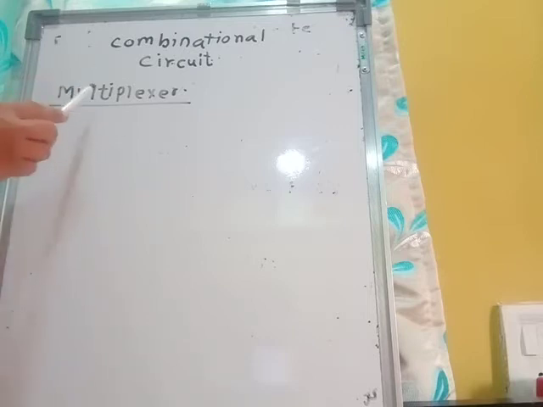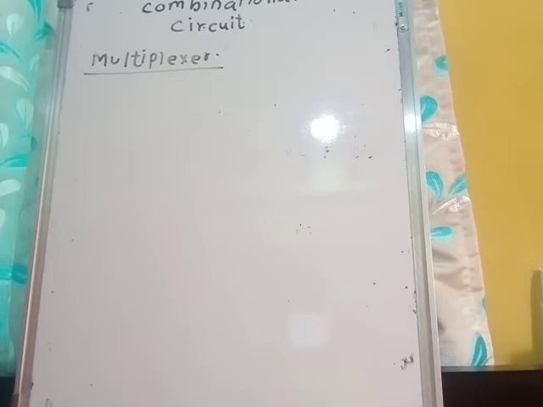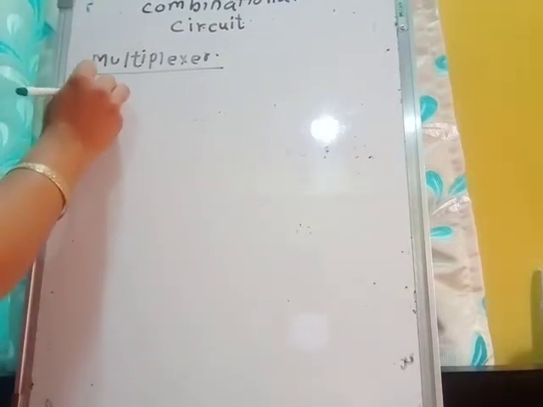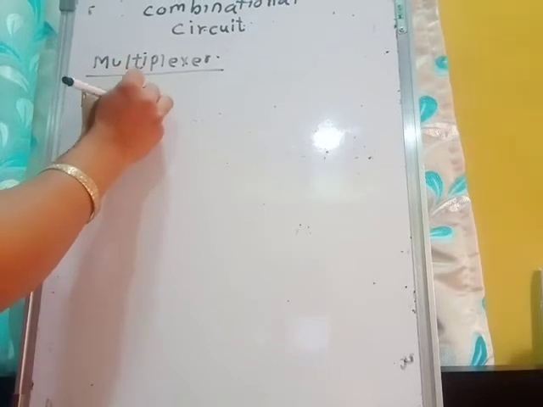Multiplexing is a kind of process of connecting many inputs to one output. Let us write down the meaning of multiplexing.